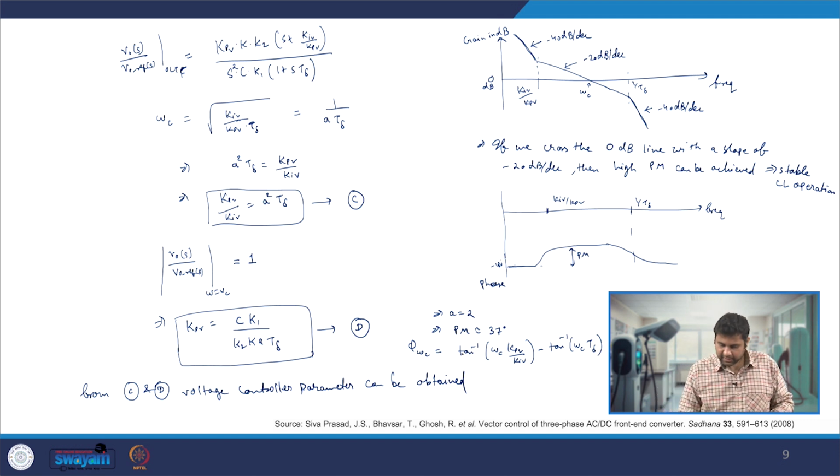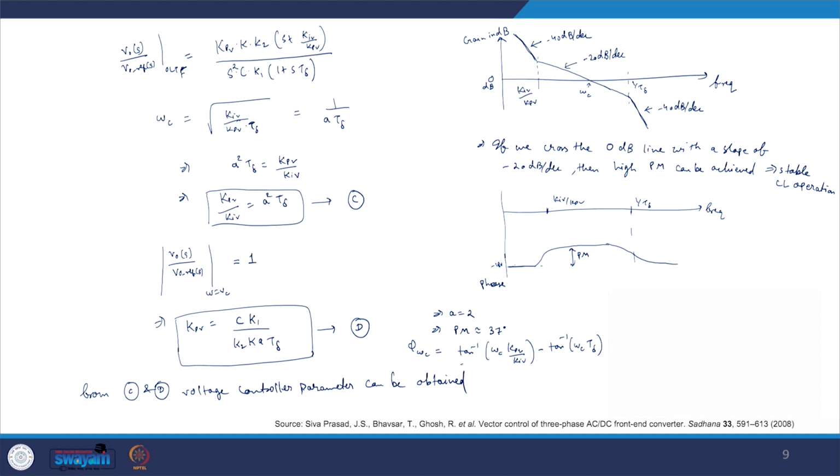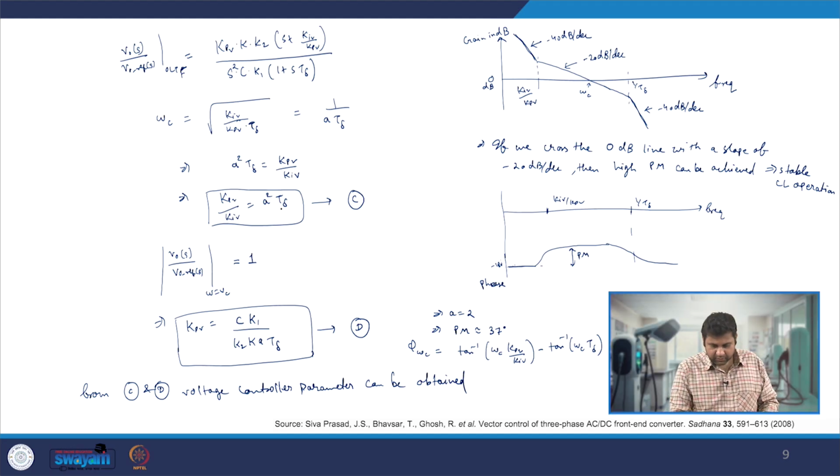That is the phase we get, and from this we know that our Kp by Ki is nothing but a square T delta. If we keep our a value equal to 2, then phi of omega c is tan inverse of omega c, which is 1 by a T delta, minus tan inverse of omega c times T delta, and this will get cancelled out.